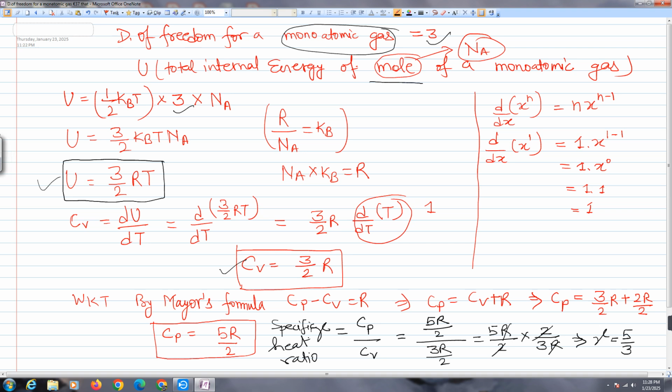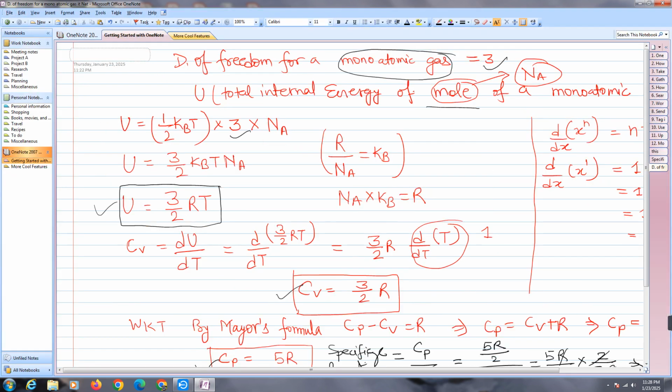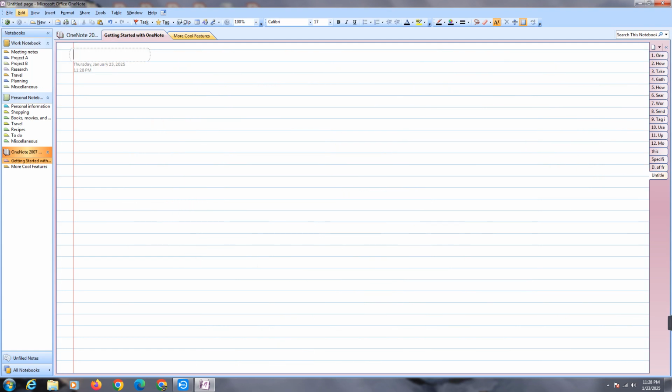One is U, one is Cv, one is Cp, and one is gamma. The value of gamma comes out 5 upon 3, correct?